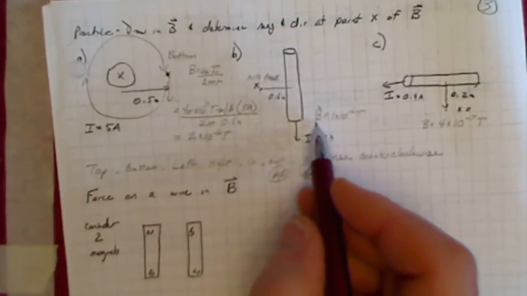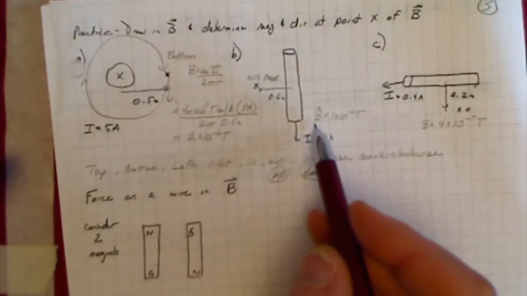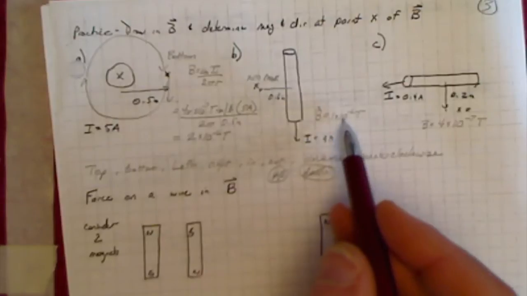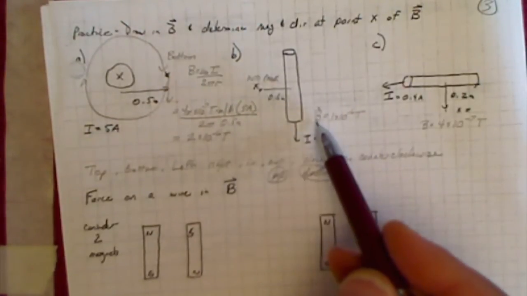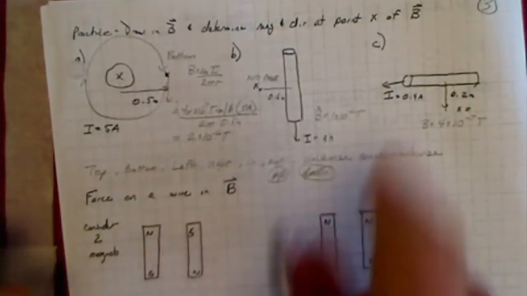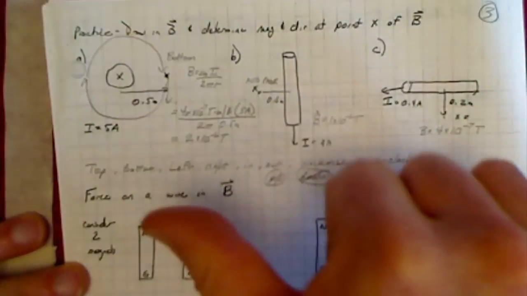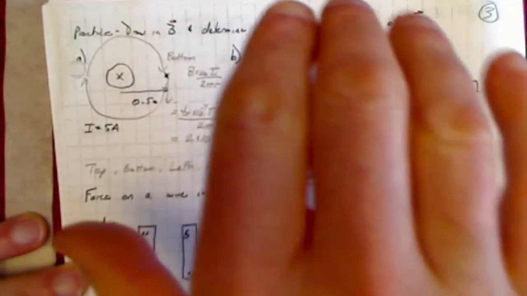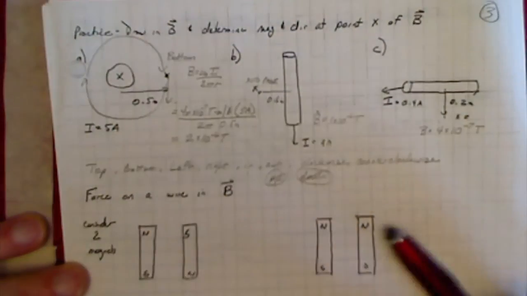Now, I didn't show all the work like I did there. There's not a lot of room, so the answer is 1 times 10 to the negative 6 Teslas, but it's basically exactly the same thing we did here, just with different numbers. This next one, thumb points in the direction of the current flow, fingers wrap around, and they're coming out of the page down below the wire.